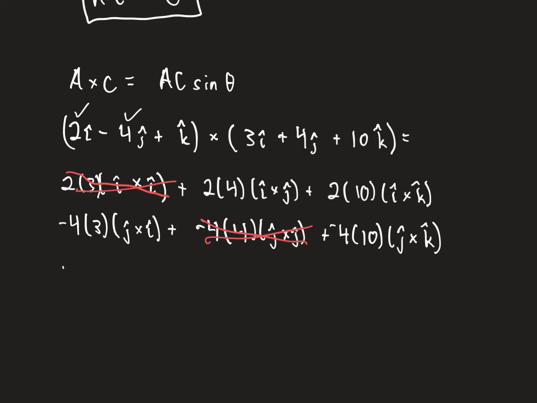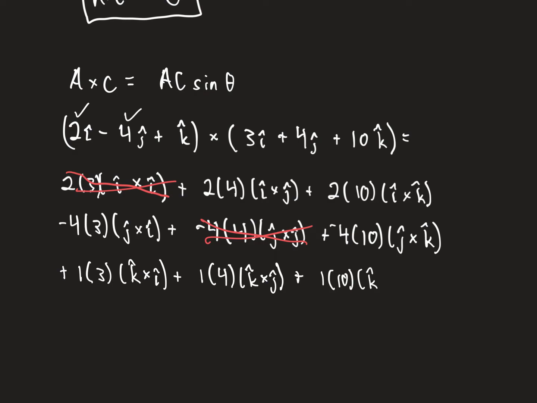Now we'll do the last one. Plus 1 times 3 times k hat cross i. Plus 1 times 4 times k hat cross j. Plus 1 times 10 k cross k. That last one cancels out.